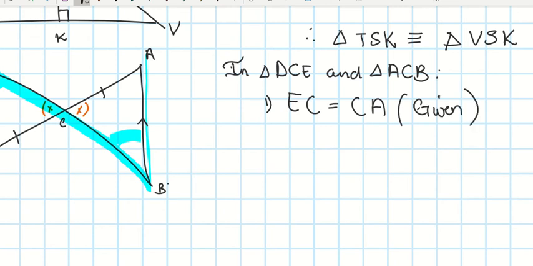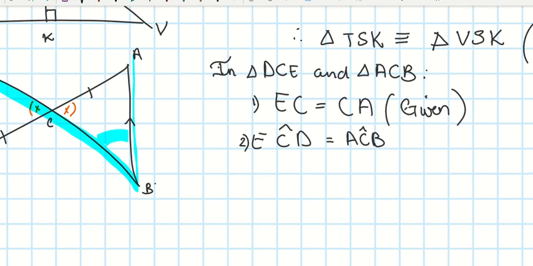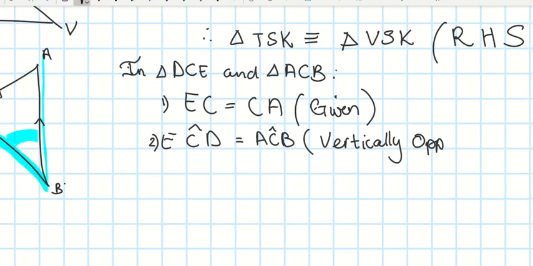Then the next one that we're going to say is that number 2 is ECD, and the emphasis is on C, is equal to ACB, emphasis on C once again, and then we say how it's vertically opposite angles. Vertically opposite angles, so that means they are the same.